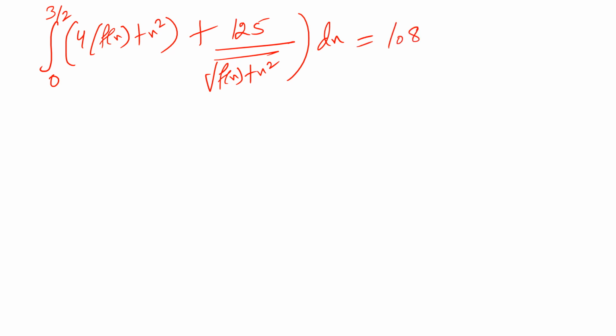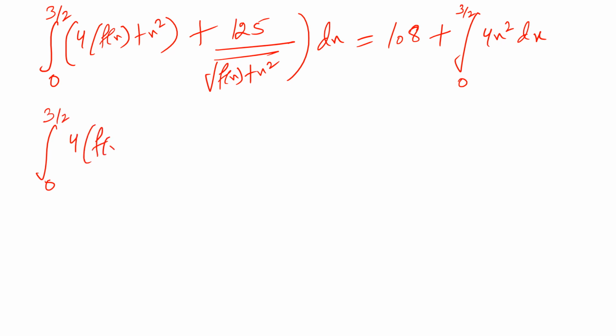So this now becomes 108 plus 4x square integral 0 to 3 by 2. Right? I have just detached that particular part, minus 4x square dx, and brought it to the right hand side. Now left will be just as it is. Left side you do not have to change.